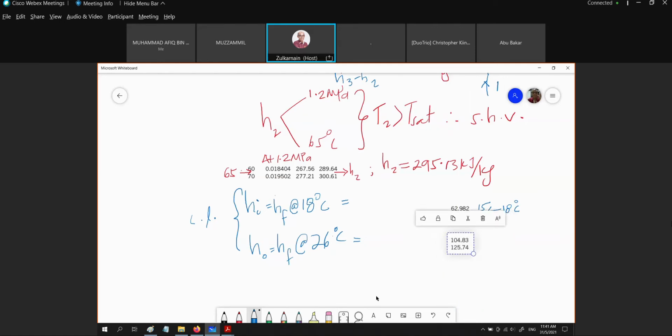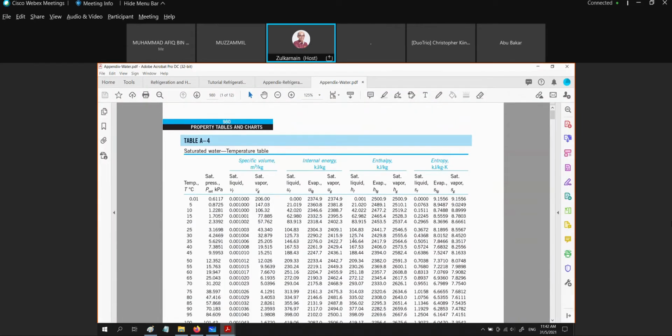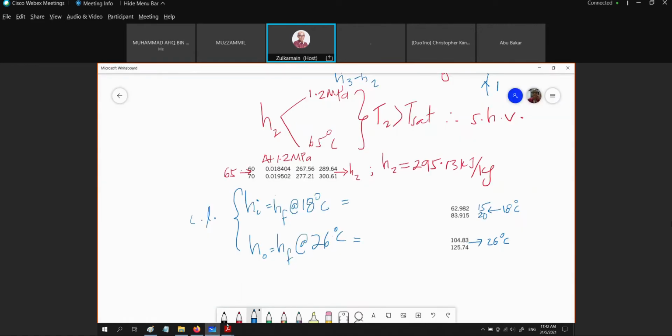Okay, here is our 26 degrees C. So please interpolate, get for me. 26 is in between 25 and 30.